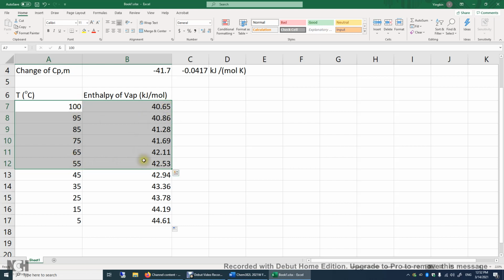All right, so that's why even if you do everything correctly, your final result may not be 40.65. It may not be 42.53. It's going to be a number in between if the data were collected between 55 degrees Celsius and 100 degrees Celsius.